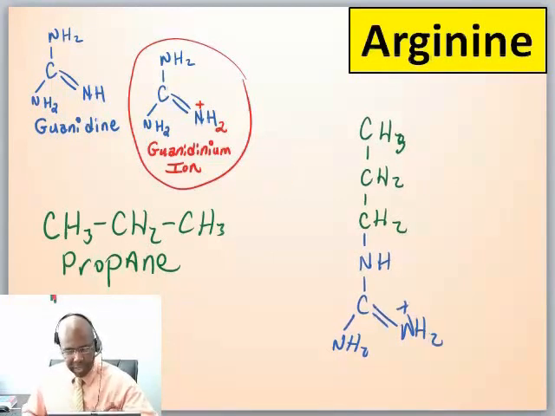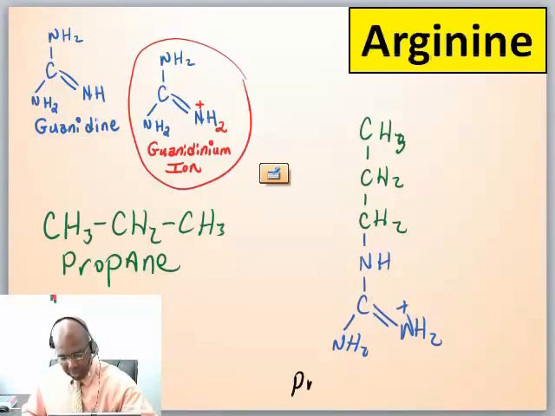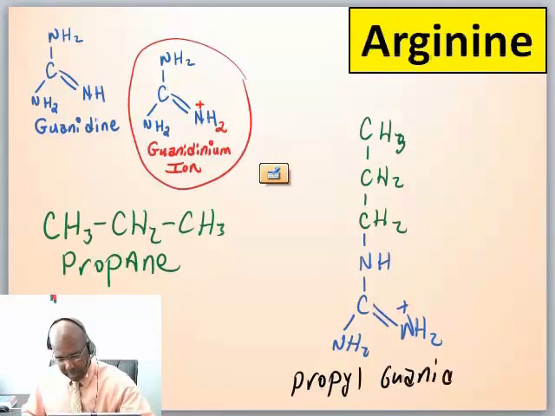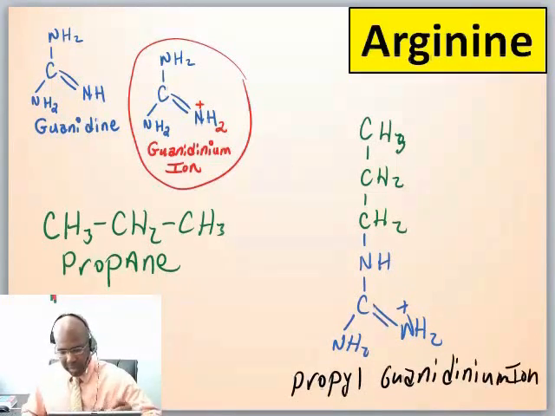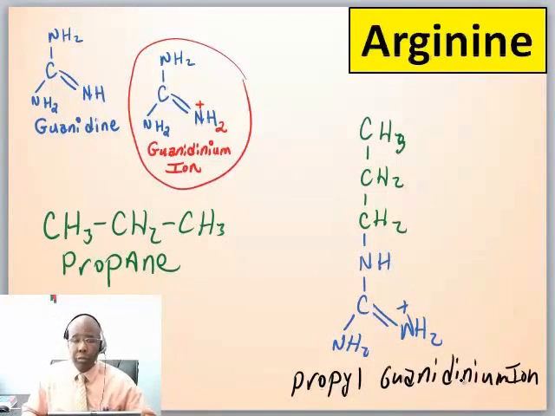And so this is the propyl guanidinium ion. Propyl guanidinium ion. Okay. And this is the R group for arginine.